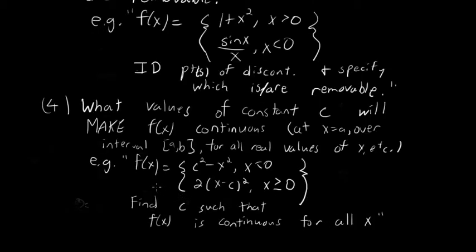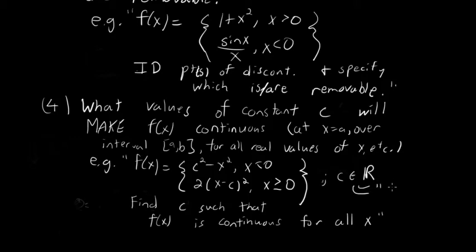So for example, let's say f of x is a piecewise defined function: c squared minus x squared for x less than 0 and 2 times the quantity x minus c, quantity squared, for x greater than or equal to 0. And c is some real number, an element of the real number system. This is a notation you might see for some real number.